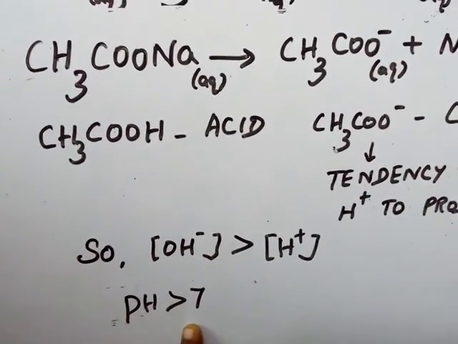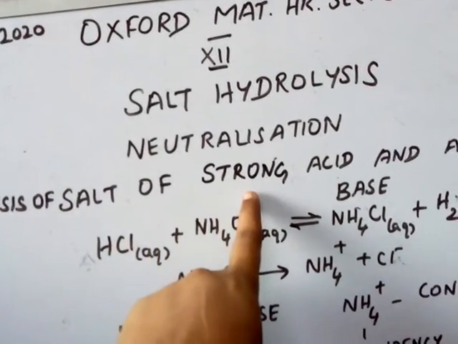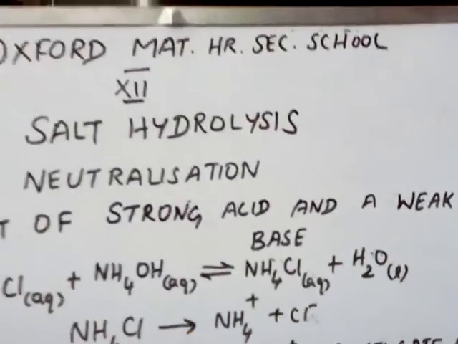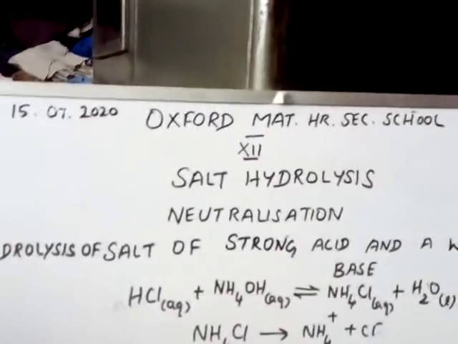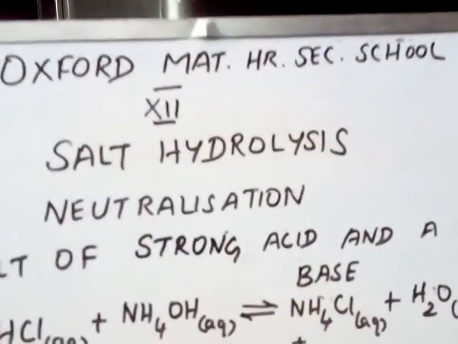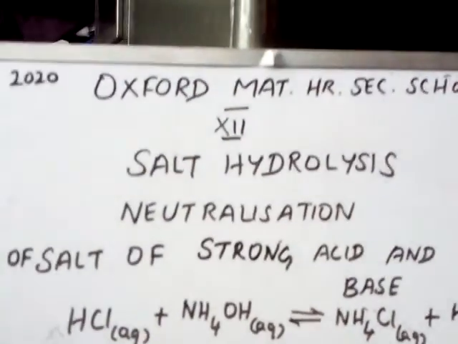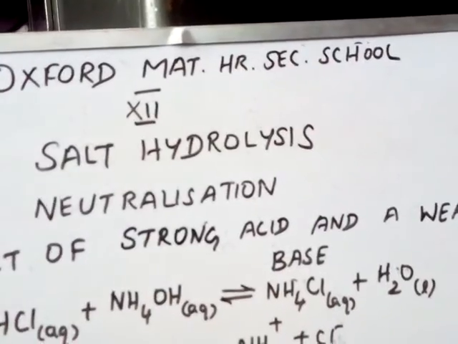Is it clear? So the third topic is hydrolysis of salt of strong acid and a weak base. First, hydrolysis of salt of strong acid and strong base. In the second case, we saw hydrolysis of salt of weak acid and a strong base.